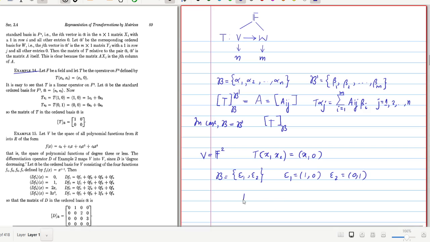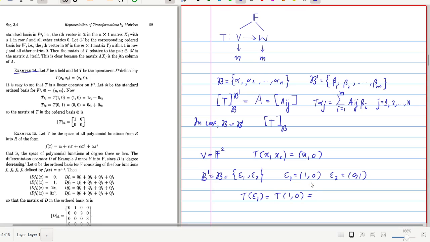In this case we have B same as B prime. So we choose an element epsilon 1 from B, then take the image. What is T of epsilon 1? That is T of (1, 0). By definition that is (1, 0) itself. So this (1, 0) can be written as 1 times epsilon 1 plus 0 times epsilon 2.